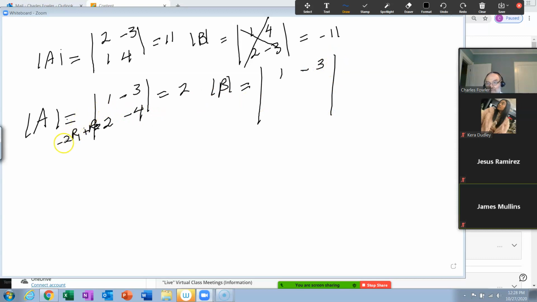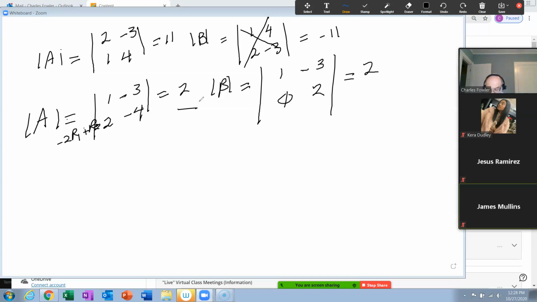But here we're going to do negative 2 times 1 is negative 2 plus 2 is 0, and negative 2 times negative 3 is 6, minus 4 is 2, okay? What's the determinant of that reduced matrix? That would be 2. And that was exactly what the determinant was here, okay? Now this doesn't prove it, but it indicates there seems to be a pattern, okay?